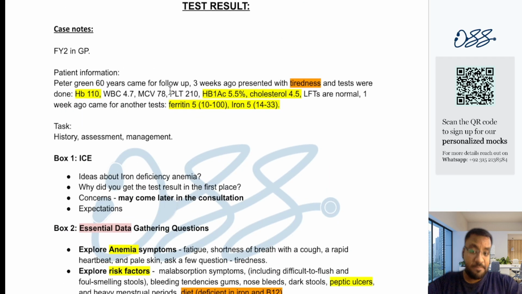Okay, Mr. Peter, thank you so much for answering all my questions. So I have your test results with me in my hand, and what they show is that your hemoglobin, that is the major component of the blood, is quite low. Apart from that, all the other baseline investigations are found to be normal. However, there is another specific investigation that we did, which is called your iron profile, which shows that your serum ferritin and your serum iron, both of them are the components which show whether or not the iron is deficient in your blood.